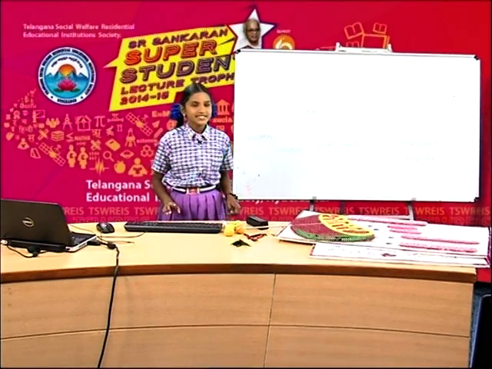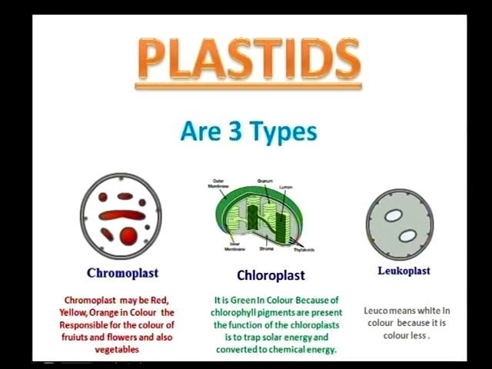Next, plastids. Plastids are the organelles which are responsible for color of the plant cells or plants. Plastids are three types.